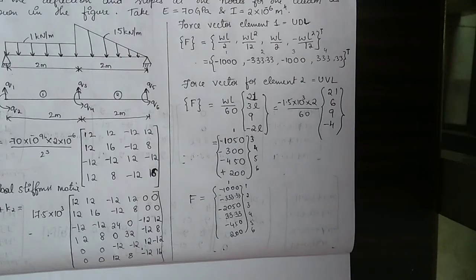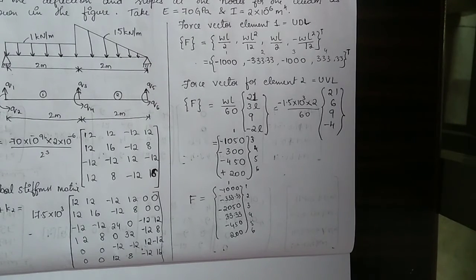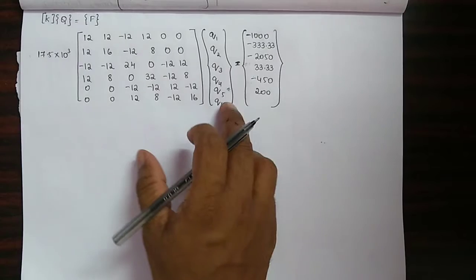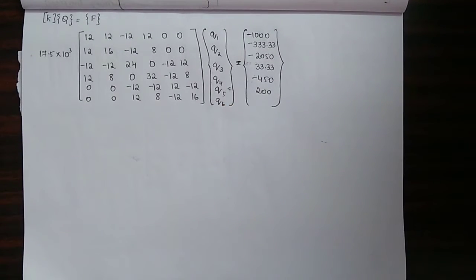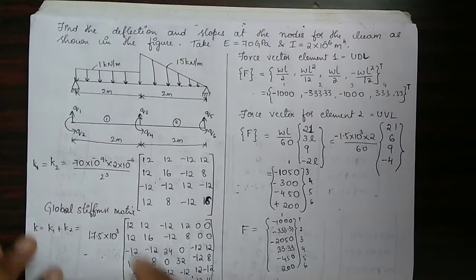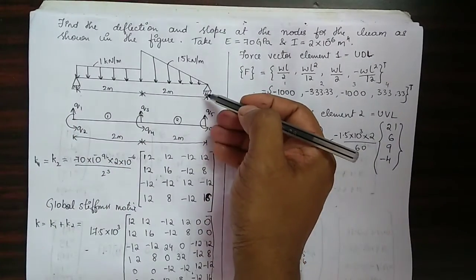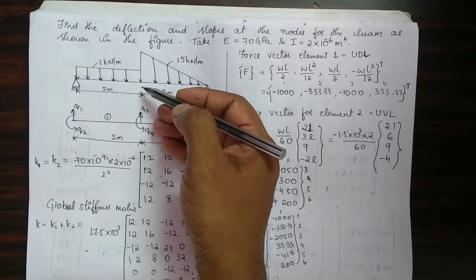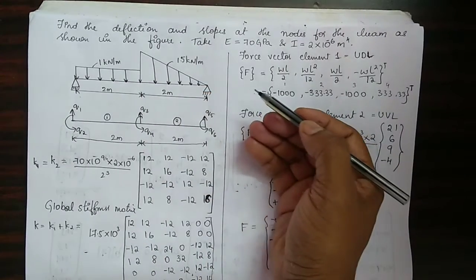And the next part is finding the displacements. So I have written the equilibrium equation. We can see the equilibrium equation, and we have to find the boundary conditions before solving the problem. So here you can see that Q1 and Q2 are fixed, Q5 and Q6 are fixed. Only Q3 and Q4 have to be found out.